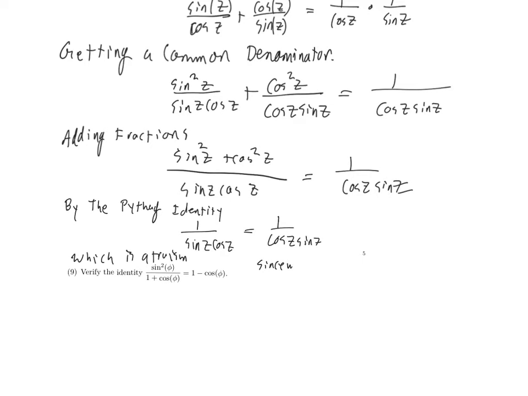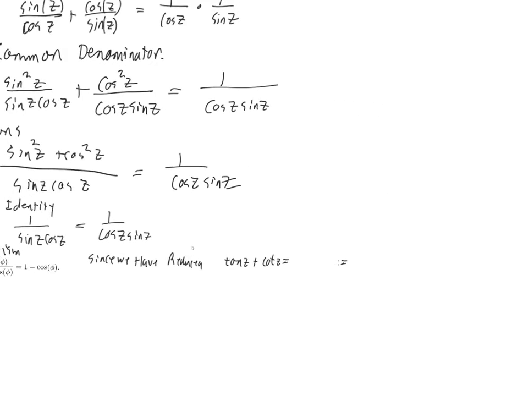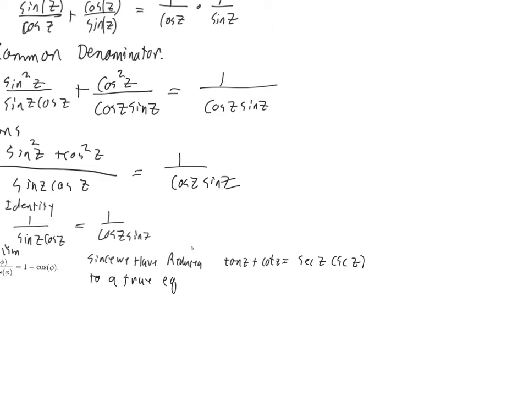So since we have reduced tangent z plus cotangent z equals secant z cosecant z to a true equality, tangent z plus cotangent z equals secant z cosecant z is an identity.